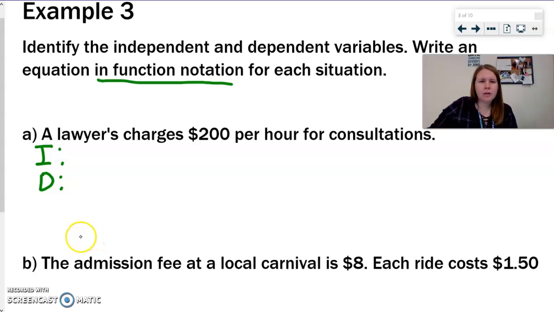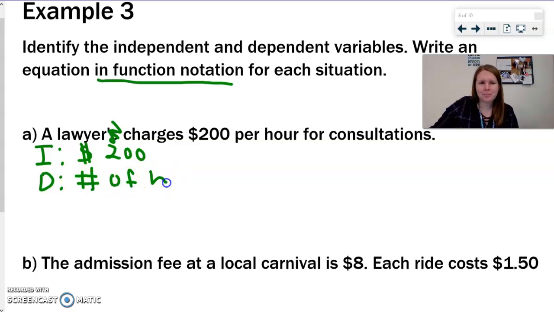It says a lawyer charges $200 per hour for consultation. So my independent variable is how much she charges, that $200. And my dependent variable is the number of hours.